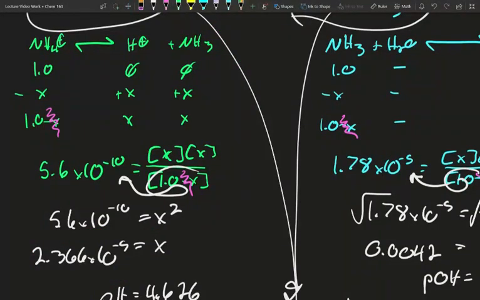If I have 10 times more of one reagent, I have to have 1/10 as much of the other. So if ammonia goes up by 10 times, then my H plus has to go down by 10 times. If I go up 100 times, it has to go down by 100. If I go up 1,000, it has to go down by 1,000 to make sure the equilibrium is balanced.